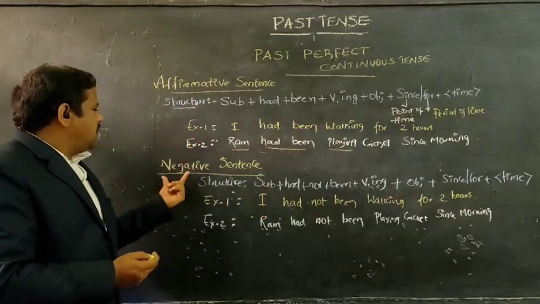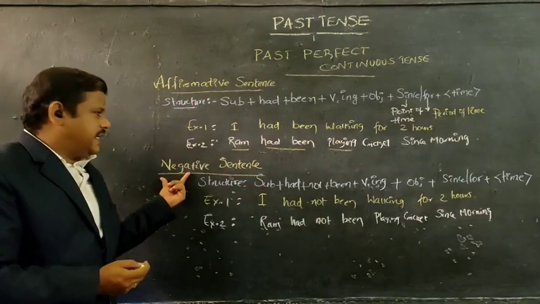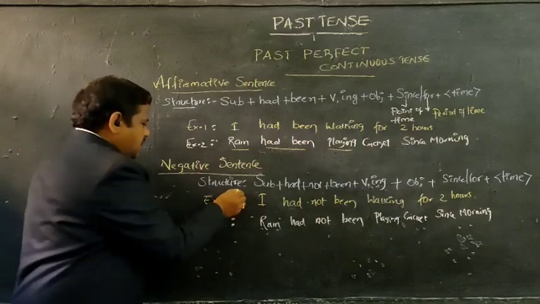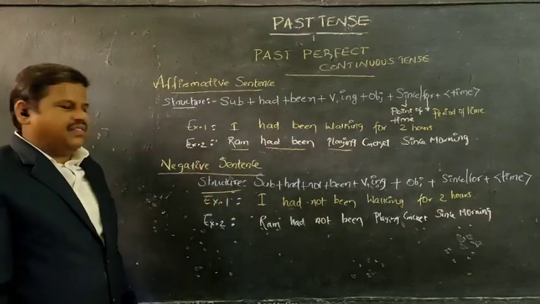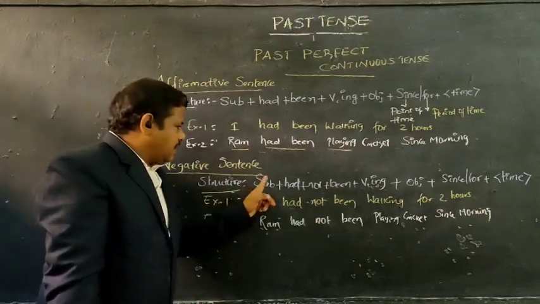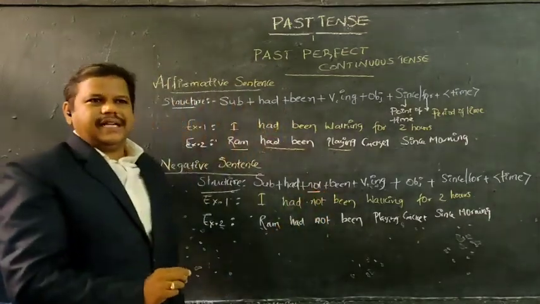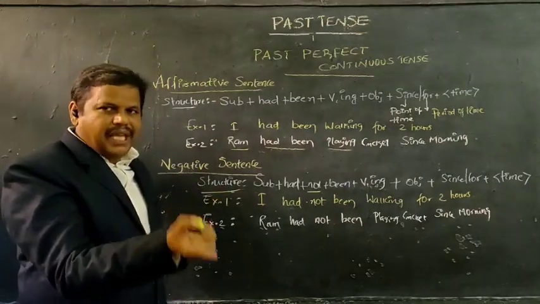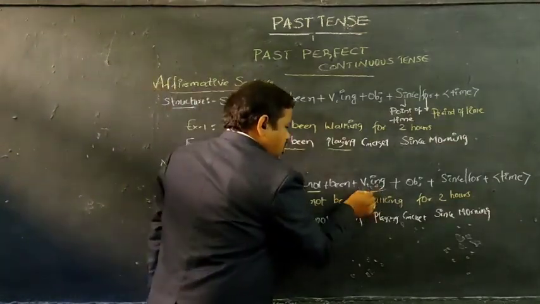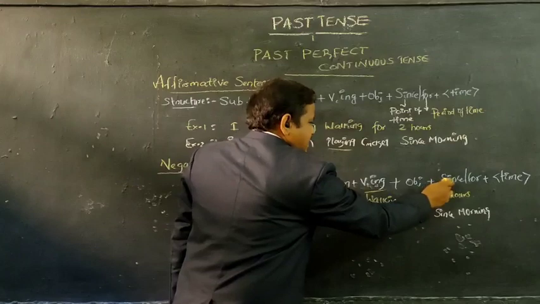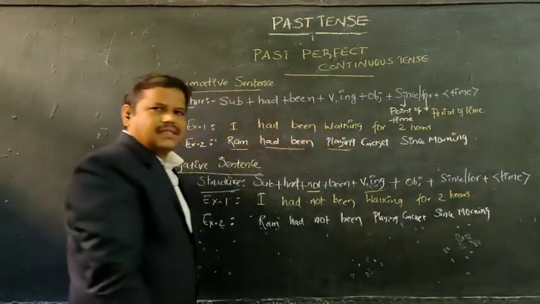Whereas if you are writing a negative sentence, the structure is different. Here, subject plus had not been, V1 ing, plus object, plus since or for, plus time factor.